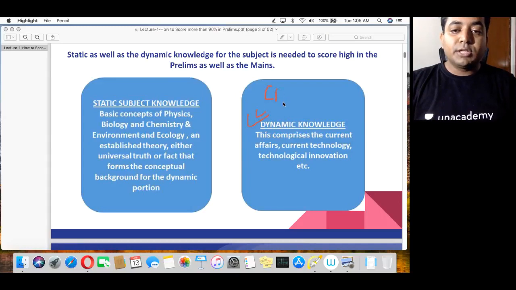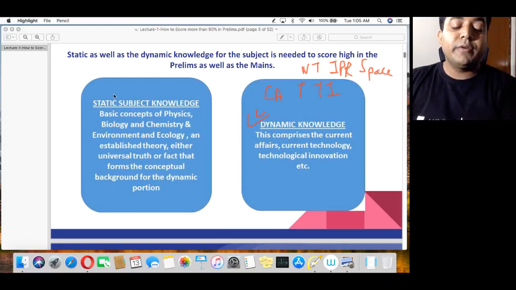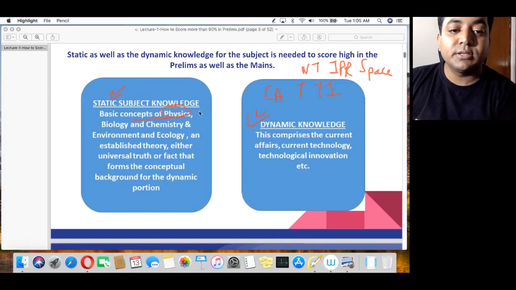So it includes current affairs, technology, technological innovations, various issues in nanotechnology, IPR, space sciences. There are so many things which one needs to understand for this. When we talk about static knowledge, we have to discuss the basic concepts of physics, then basic concepts of biology, chemistry, and some basic concepts of environment and ecology.